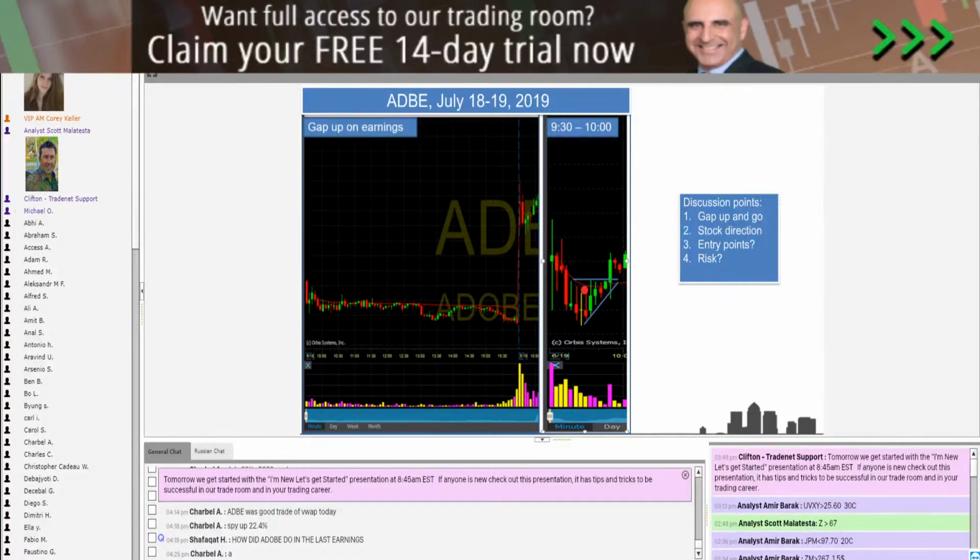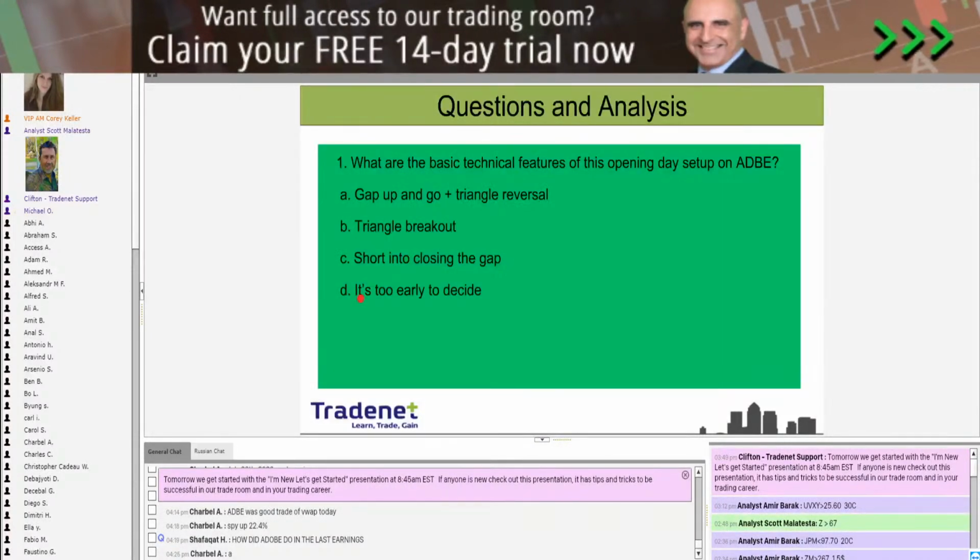It's also the algo and of course other traders. So D is not an option. In this case, let's go with Charbel's answer, A. A is the right answer. It's a gap up and go. It's a triangle reversal.